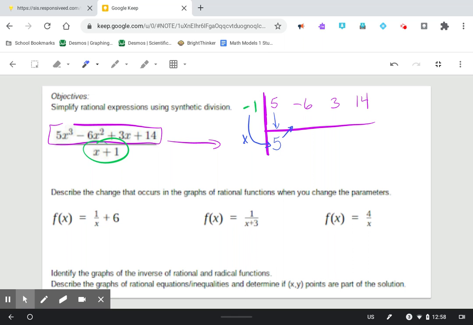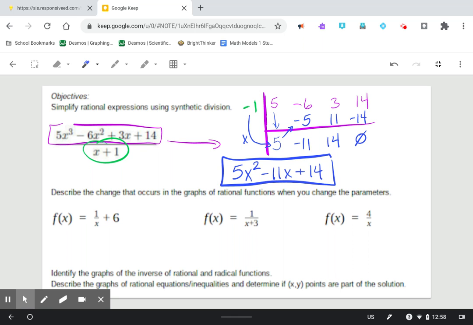So -1 times 5 is -5, which makes -11, times -1 is 11, which makes 14, times -1 makes -14, which cancels out to 0. And so then these become the coefficients of the answer. So the answer is going to be 5x squared minus 11x plus 14. And that would be the final answer there.